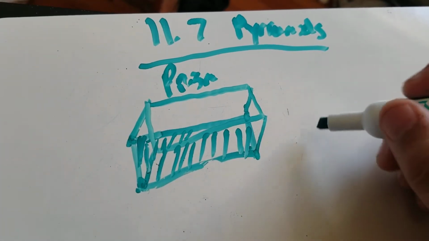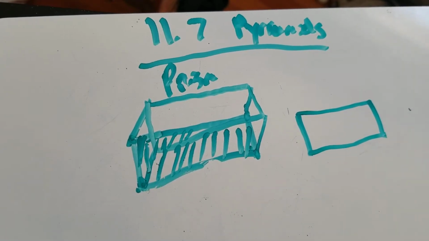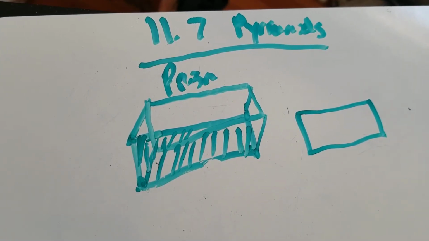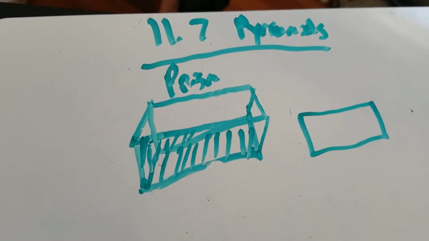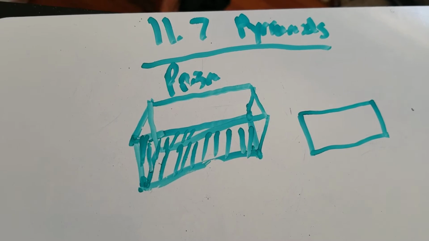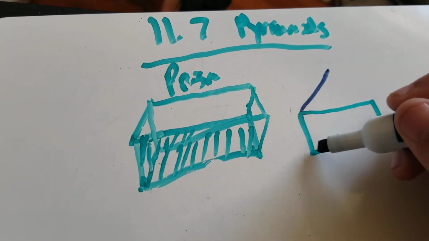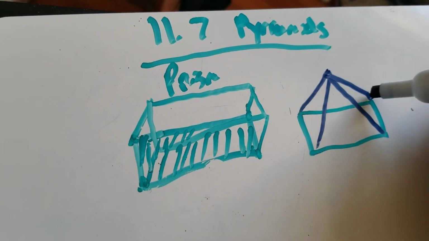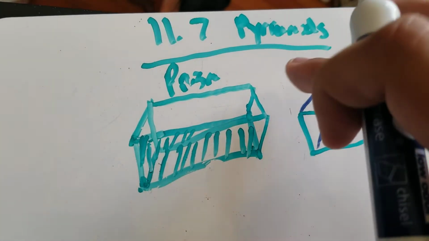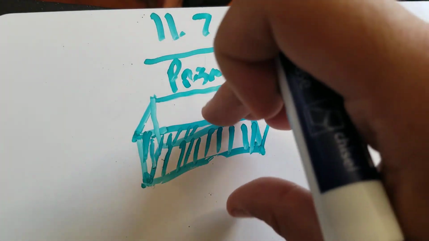A pyramid, and I'll draw a rectangle for this. What's happening there is that the corners or your vertexes are not all going straight up. What they're going to do is all meet up at a point. So all the corners projected, coming out of the screen or the whiteboard, all come to one point like that, like it's getting pinched, right?